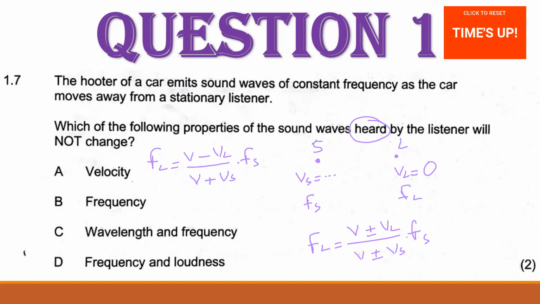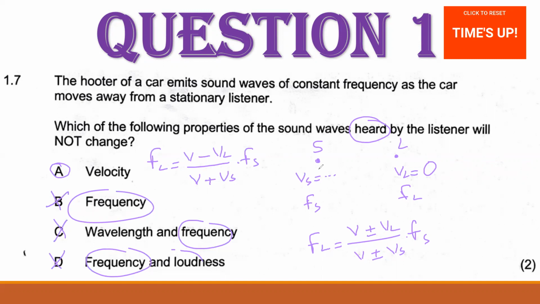So velocity will not change. As you see, you are not calculating velocity, you are calculating frequency. So frequency is getting different. If frequency is different, option B is gone, option C is gone, option D is gone, because all of them include frequency. If frequency changes, wavelength also changes. If frequency is decreasing, wavelength is increasing, you know that.